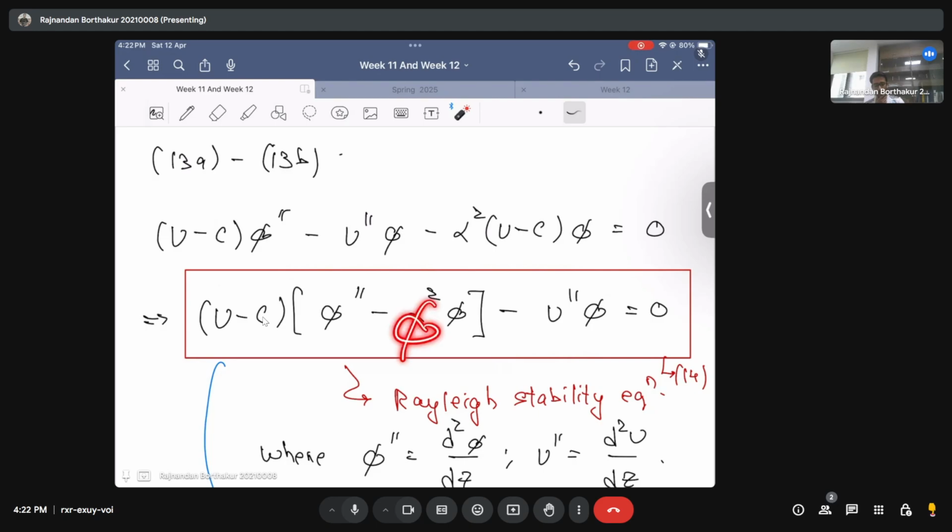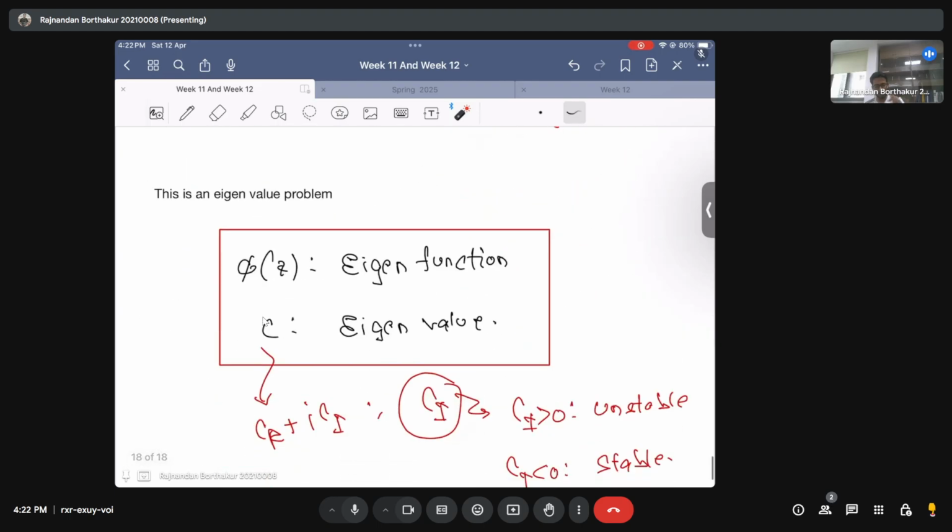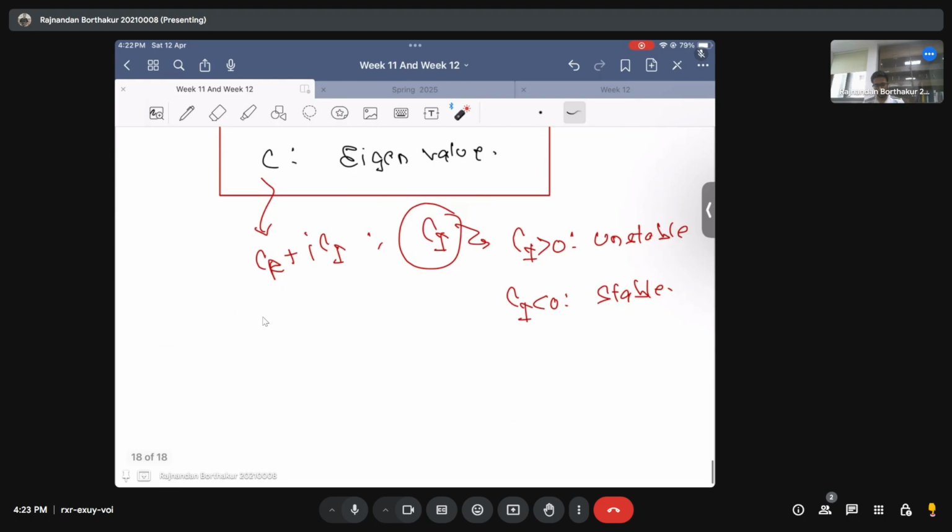Once you know phi, you can get your u hat and w hat, and once you know u hat and w hat, you know your u prime and w prime. But more importantly, instead of calculating all these things, the unknown that you mostly seek is this eigenvalue C, because you just want to see that, given there are perturbations, whether they will grow with time or decay with time. That is something that you need to understand.